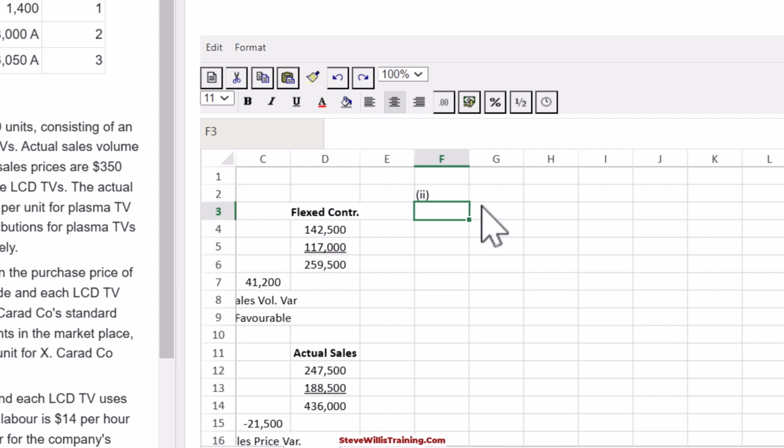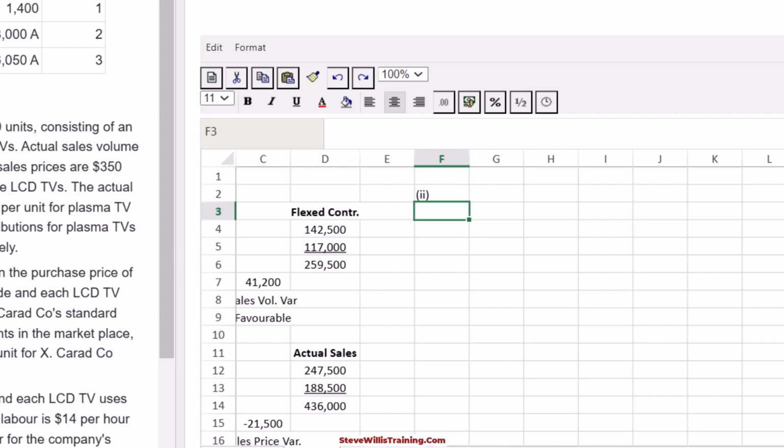Now, for the cost variances, for the direct materials and the direct labor, I'm going to use my alphabetical system. And it works like this, if you haven't encountered it in my other videos before.